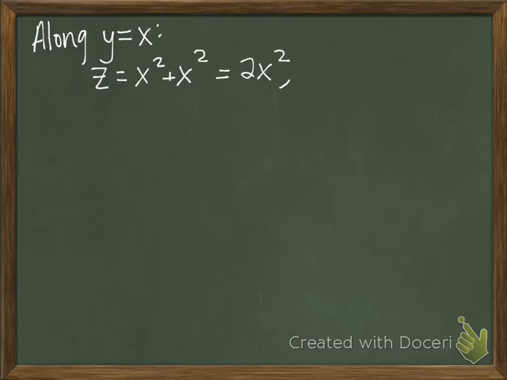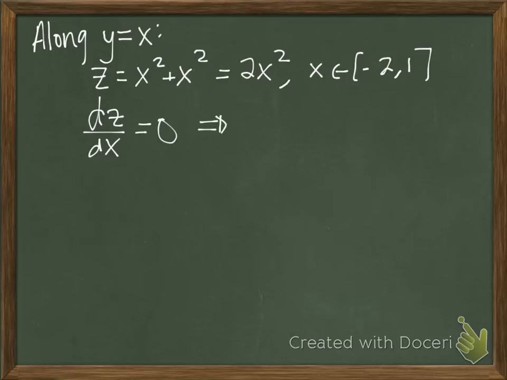And again, we're going to limit x to go from -2 to 1. Okay, so now we're just going to find possible max or mins of 2x squared. Again, we're going to look for where the derivative is 0.